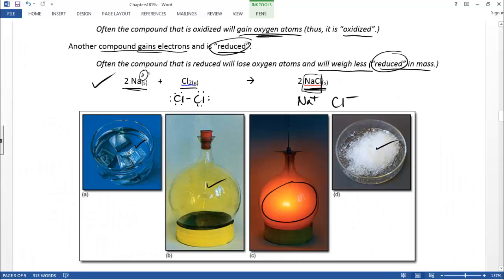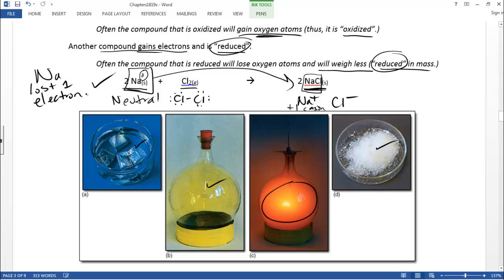So what happened? Sodium was neutral, and then they became +1 cations. How did they become positive? They lost an electron. They lost 1 electron each, and that means they were oxidized. Where did that electron go?